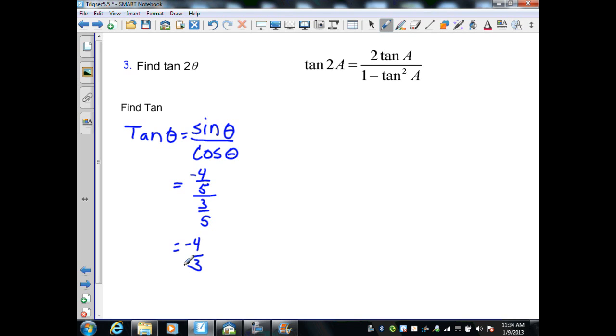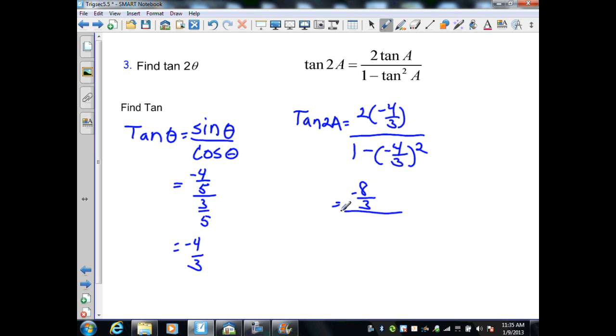Now I can substitute those values into my double angle identity for tangent. That gives me the tangent of 2a, or theta, equals 2 tan a, which is 2 times a negative 4/3, over 1 minus a negative 4/3 squared. Simplifying, I get a negative 8/3 over 1 minus 16/9.